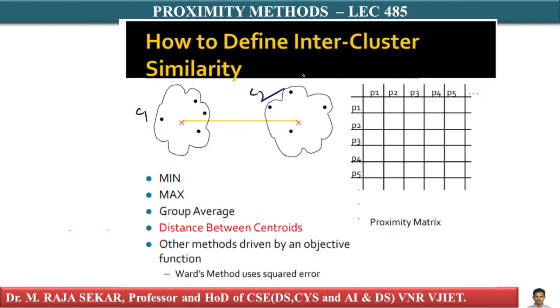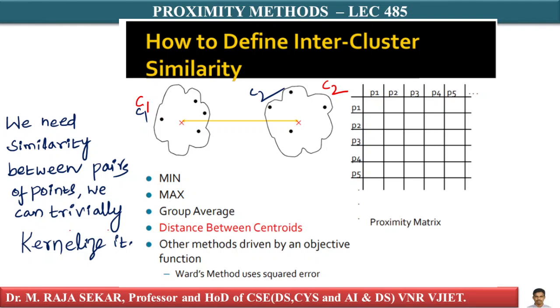One very, very important thing to note here is that in min, all you need is the similarity between pairs of points. In max also, all you need is the similarity between pairs of points. Similarly, in group average, all you need is the similarity between pairs of points.